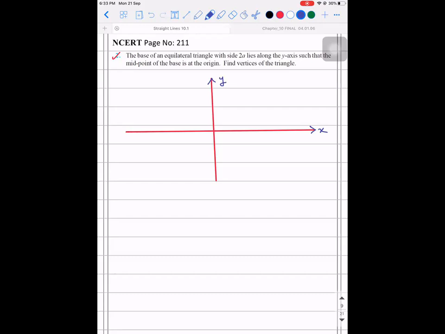There is an equilateral triangle with side 2a. The base itself is lying along the y-axis. Then the triangle I drew is wrong.